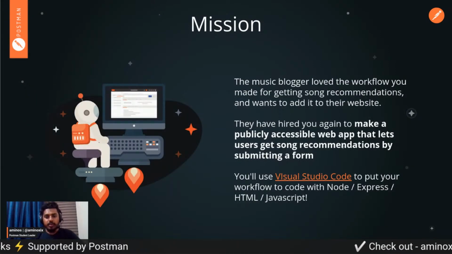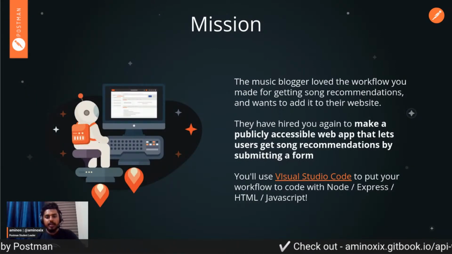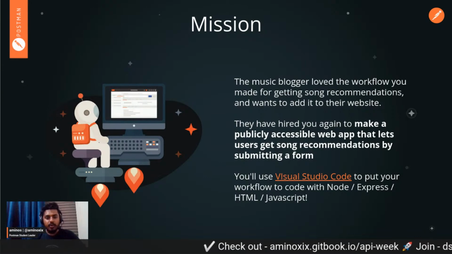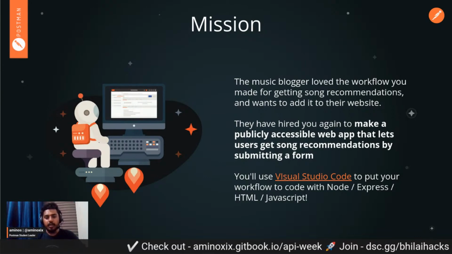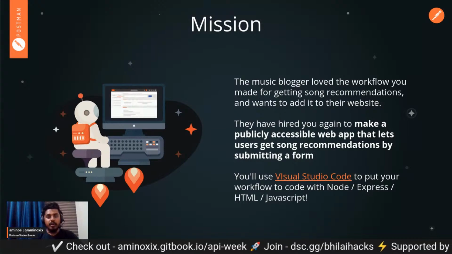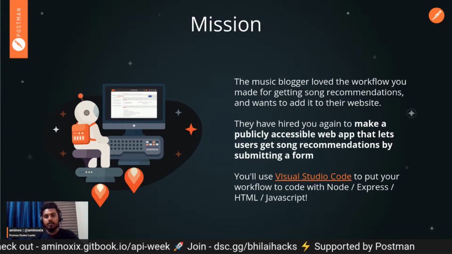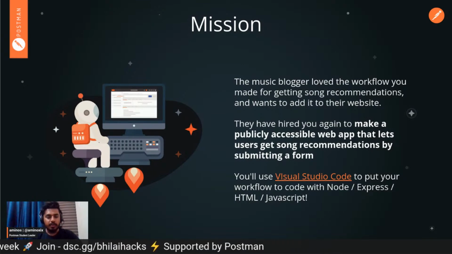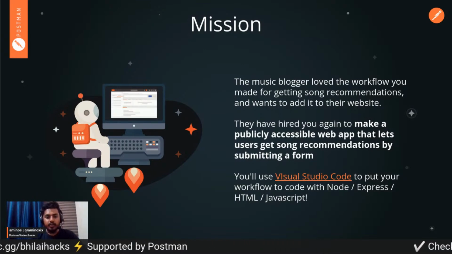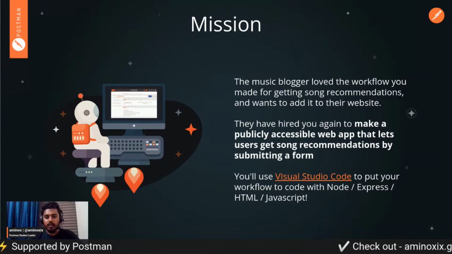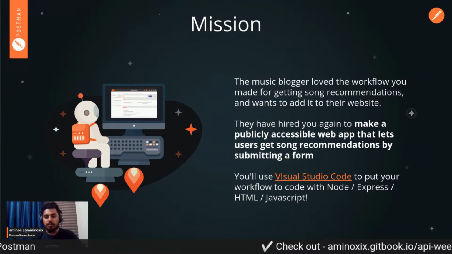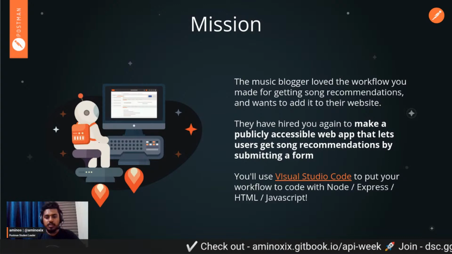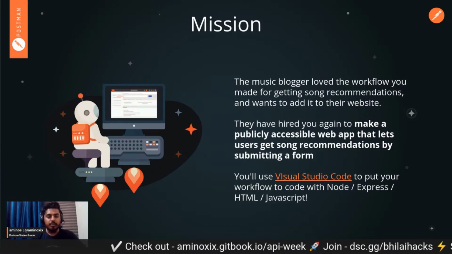Our mission today is to build the web app for the workflow which we already built in API 102. The music blogger loved the workflow you made for getting song recommendations and wants to add it to their website. They have hired you again to make a publicly accessible web app that lets users get song recommendations by submitting a form.